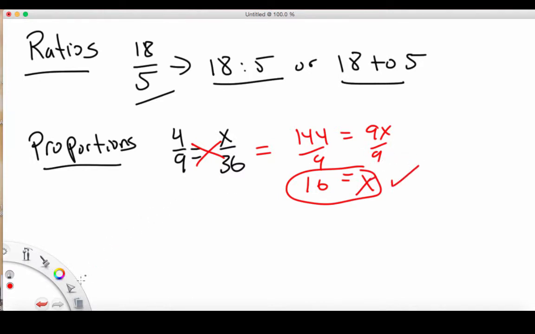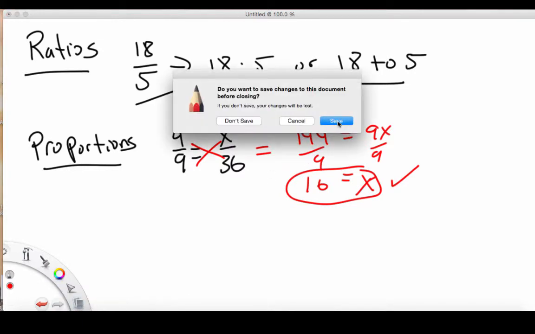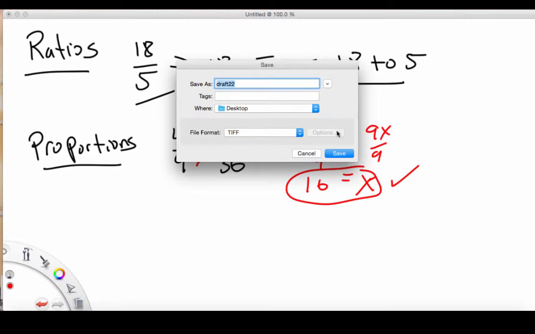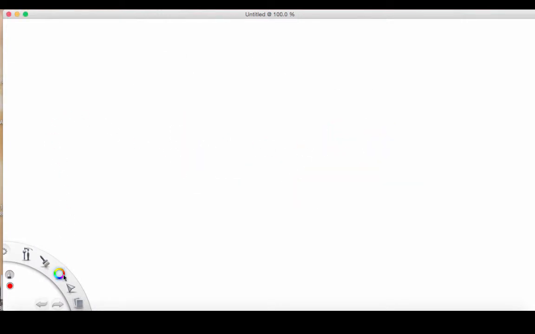Another thing I can also do is word problems in proportions. So let's get to a new page, a little more clear, and work on an example. In one day I make $75 for 8 hours.